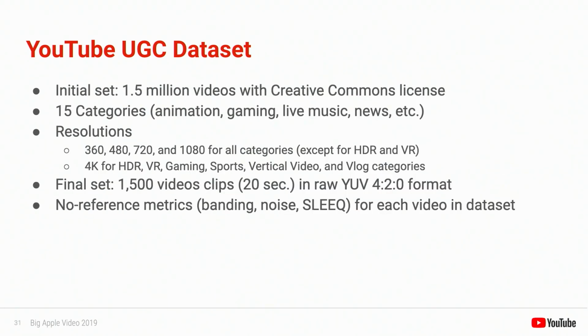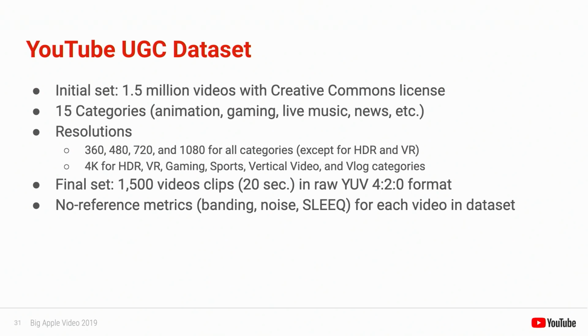There are tens of millions of videos which have been uploaded to YouTube with a Creative Commons license. We created the UGC dataset from a subset of those videos so that we could freely share the videos in the dataset. Many of the videos uploaded to YouTube have been annotated by Google's Knowledge Graph as belonging to different categories.